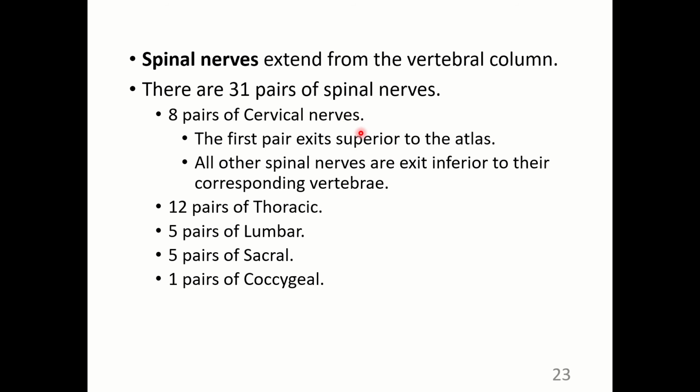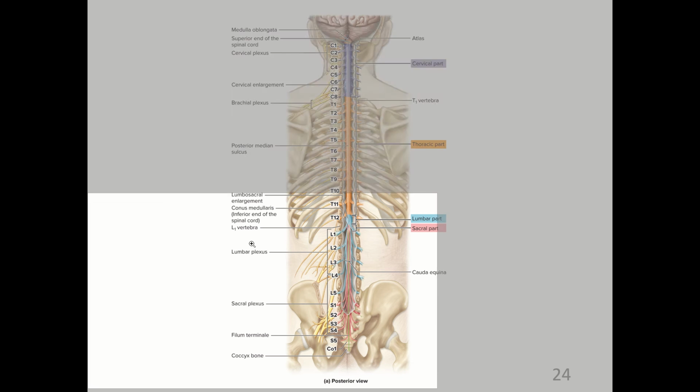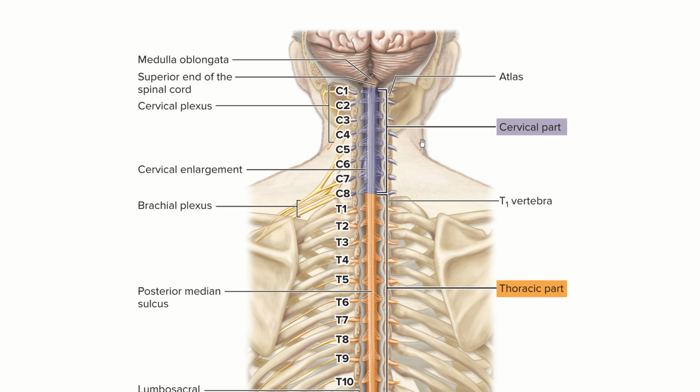So that gives the cervical nerves an extra nerve. This illustration shows the numbers of nerves in each region. So in the cervical region, there are 8 nerves, even though we know there are 7 cervical bones.